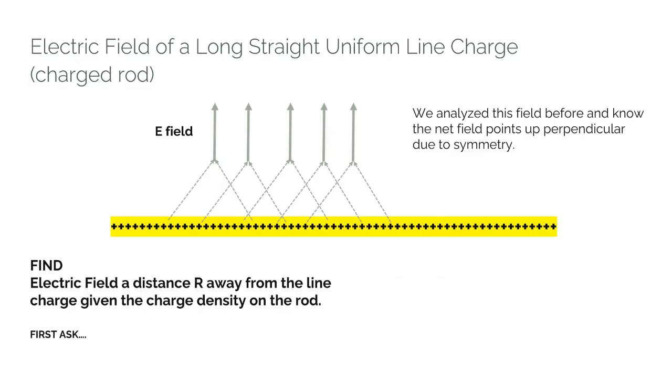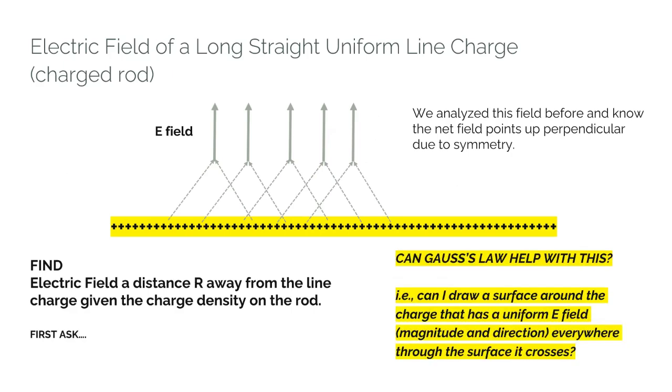That's a charge density, right? So I'm going to be given that information, but right now I want to ask the important question. Can I use Gauss's law to help me find this electric field? In other words, can I draw a surface around this charge that has a uniform E field, magnitude and direction, everywhere through the surface that I'm drawing?